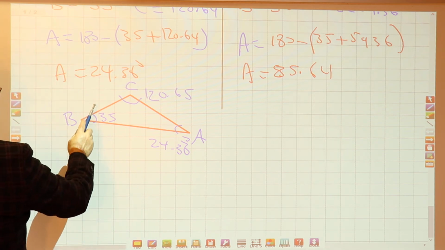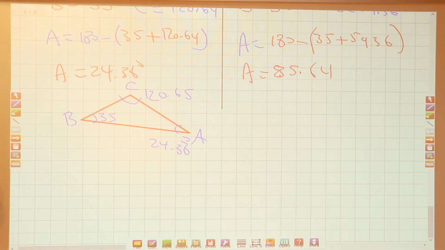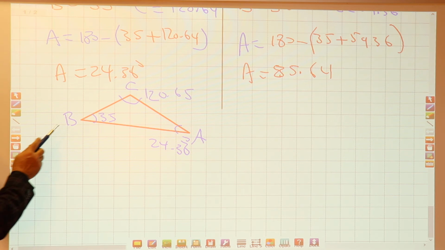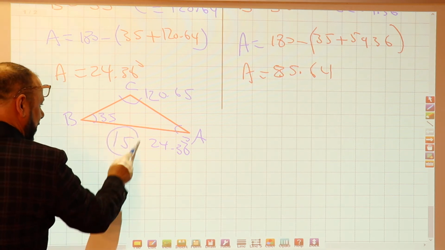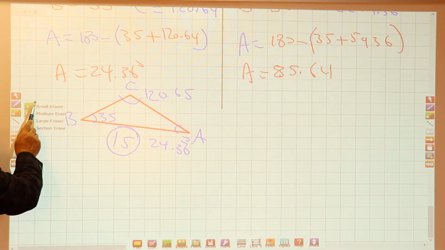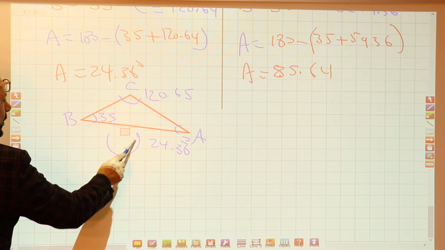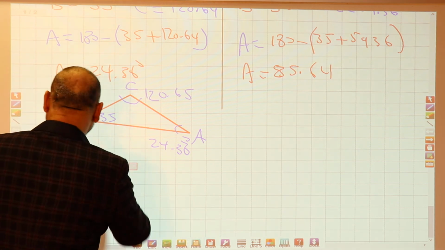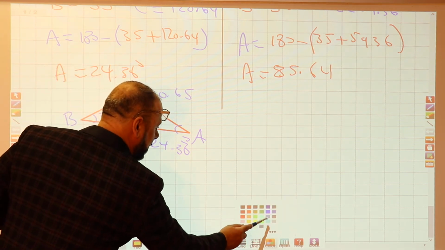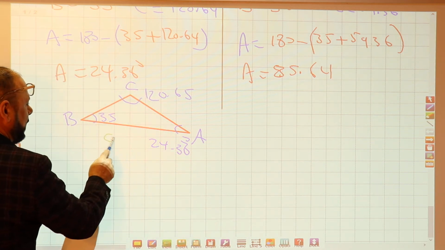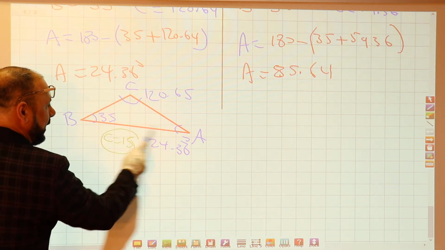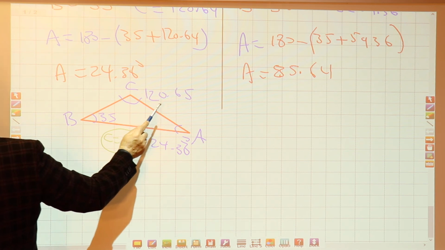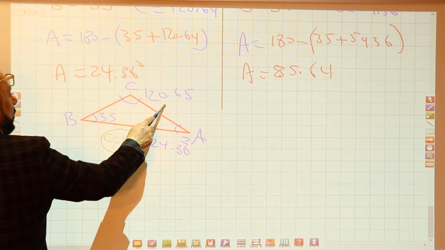Now I know C is 15, which is this side, and B is 10, which is this side, right?